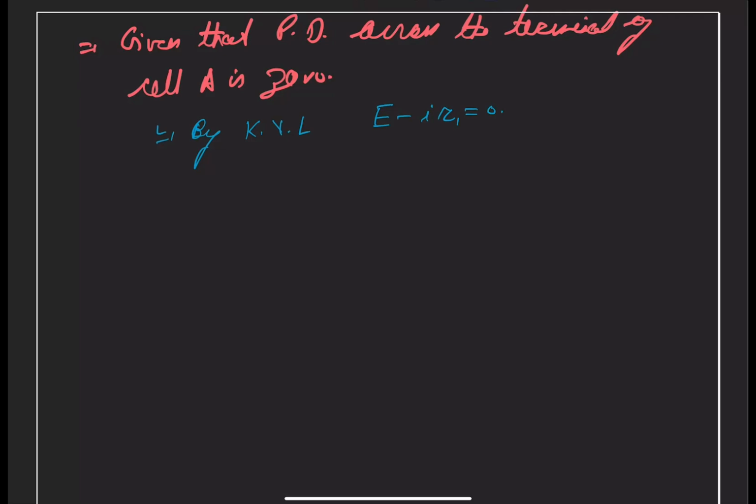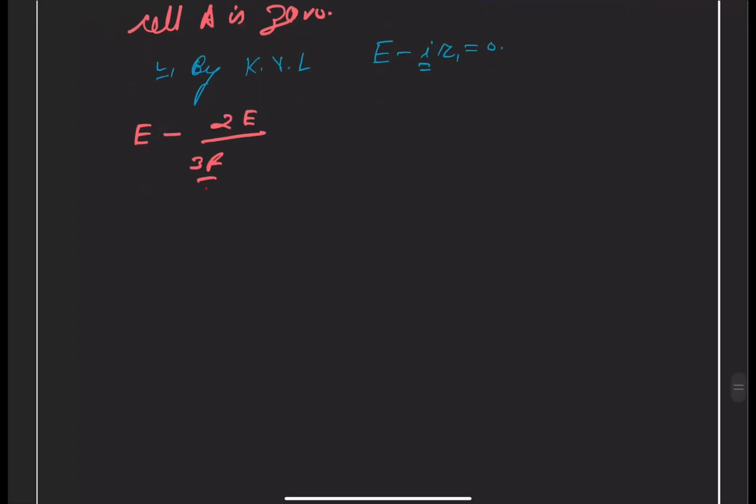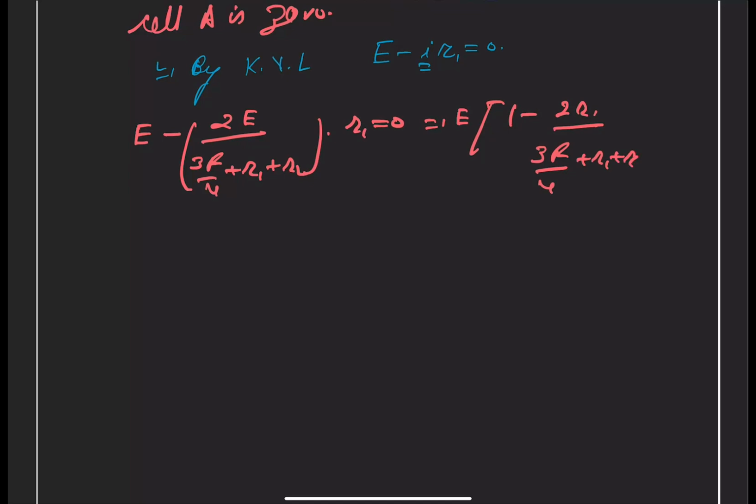Now we substitute the value of I in this equation, and we can write E minus 2 times E divided by 3R by 4 plus R1 plus R2, multiplied by R1, is equal to 0. If we take E as common, we get E times 1 minus 2R1 divided by 3 by 4 R plus R1 plus R2 is equal to 0.